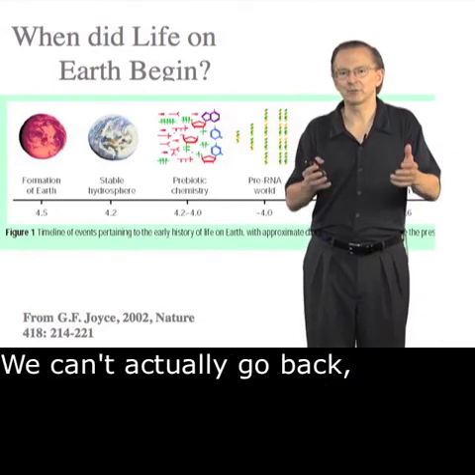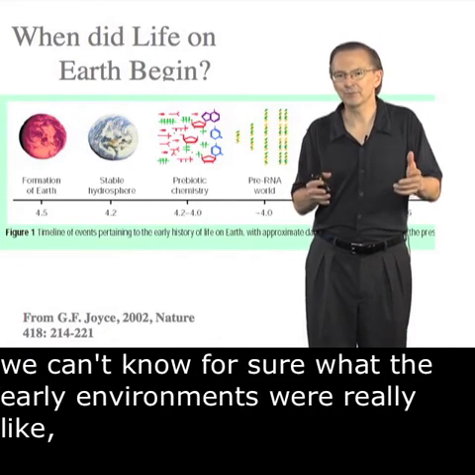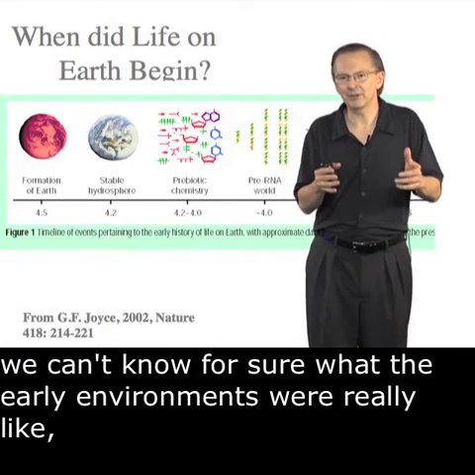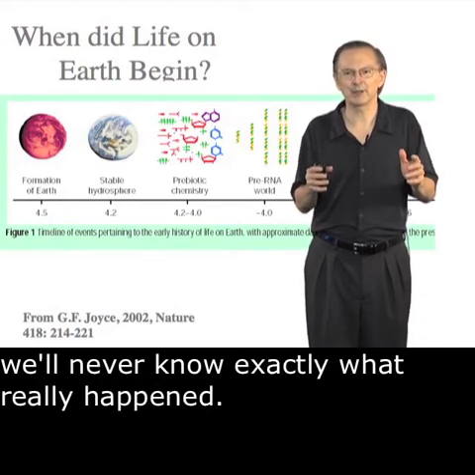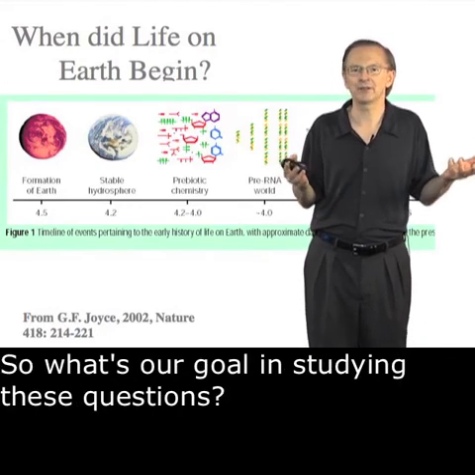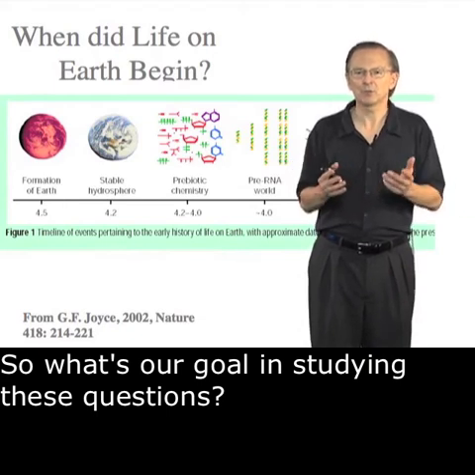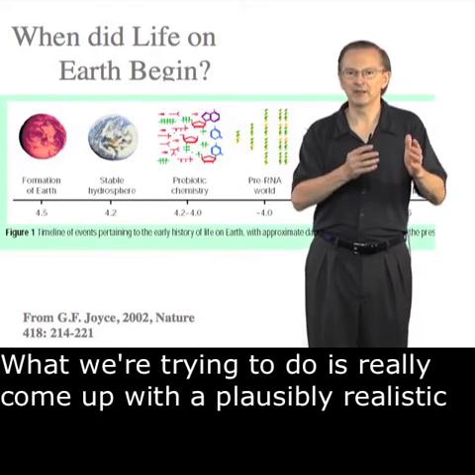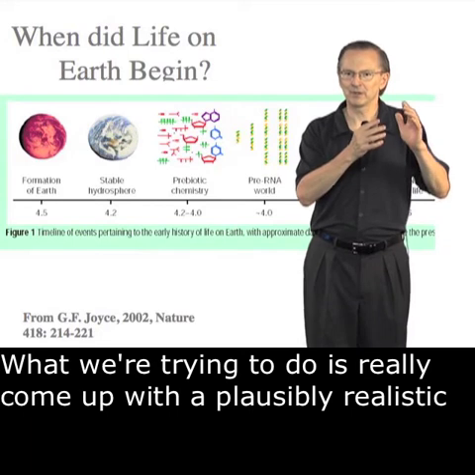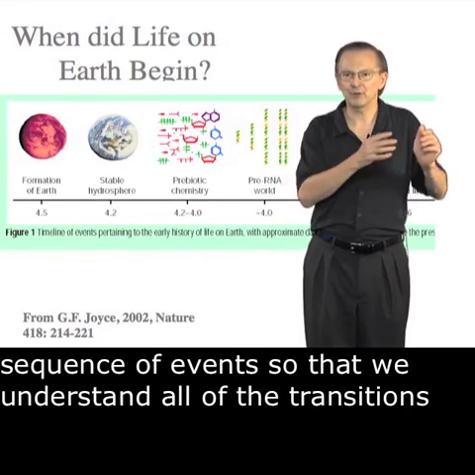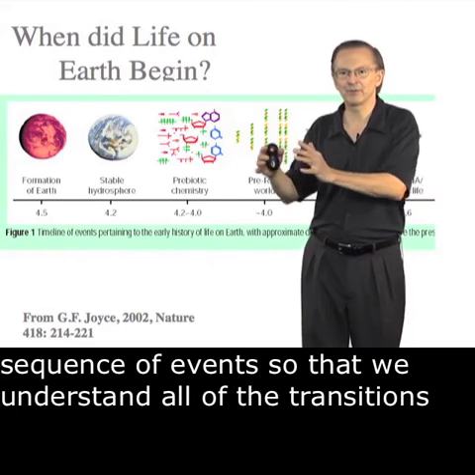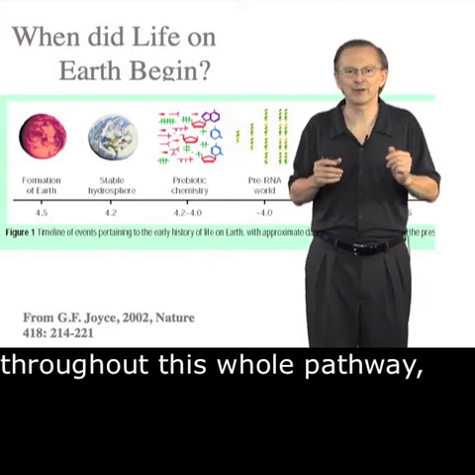We can't actually go back. We can't know for sure what the early environments were really like. We'll never know exactly what really happened. So what's our goal in studying these questions? What we're trying to do is really come up with a plausibly realistic sequence of events so that we understand all of the transitions throughout this whole pathway.